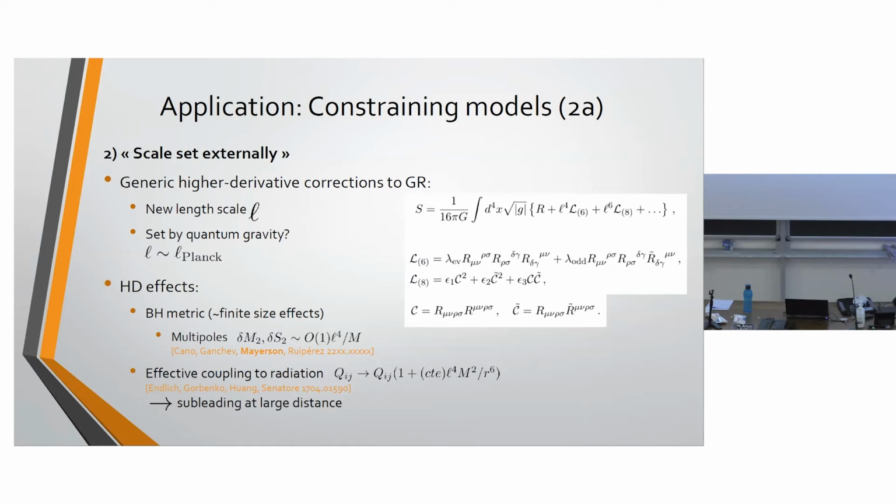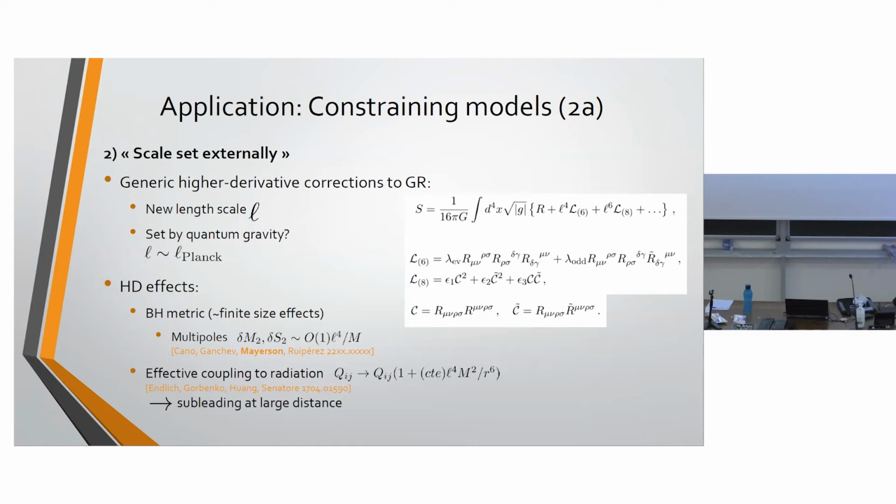But if you look at 6 derivative and 8 derivative corrections to your gravity Lagrangian, then of course this introduces a new length scale in the problem, right? Where does this scale come from? Well, if you expect that it's set by quantum gravity, it should be really small, Planck length order. But obviously, we will not be able to see anything near this.